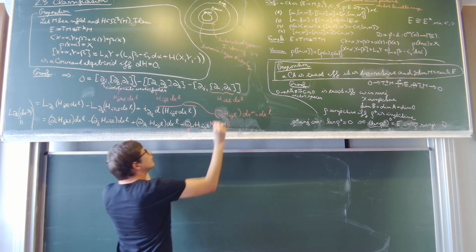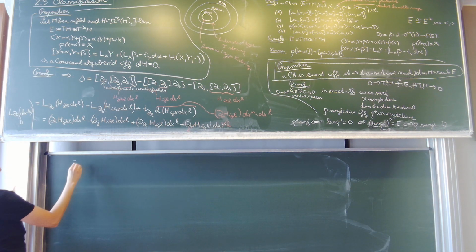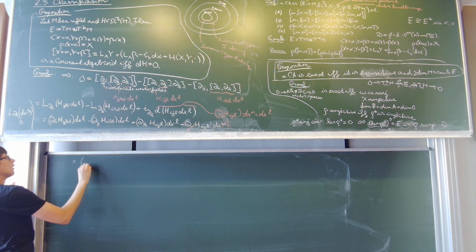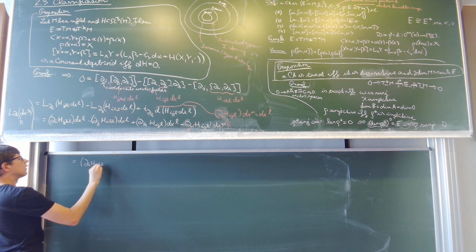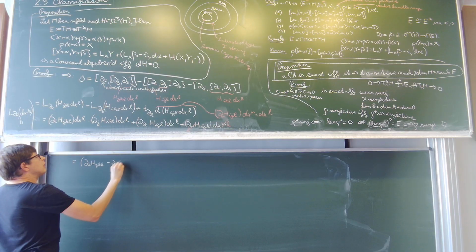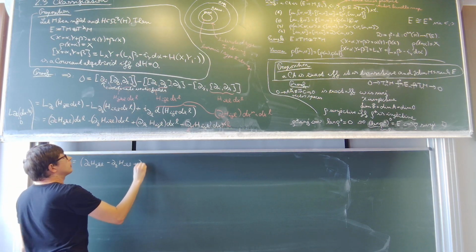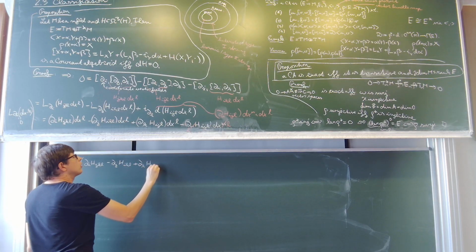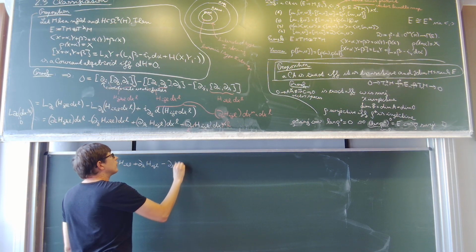Okay, l. And then we can collect them, and we get that this is partial i h j k l minus partial j h i k l plus partial k h i j l minus partial l h i j k, dxl.